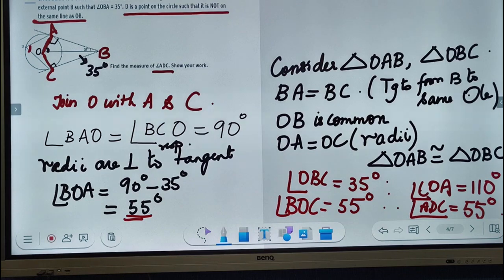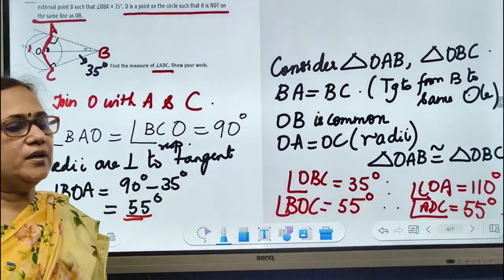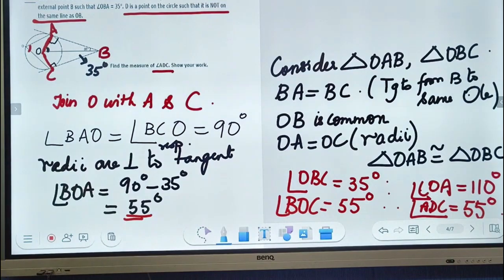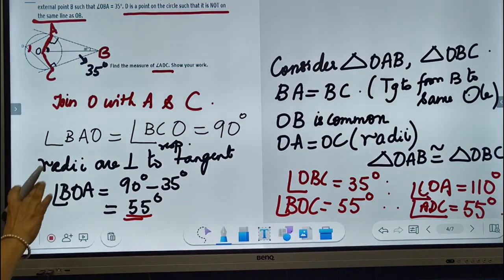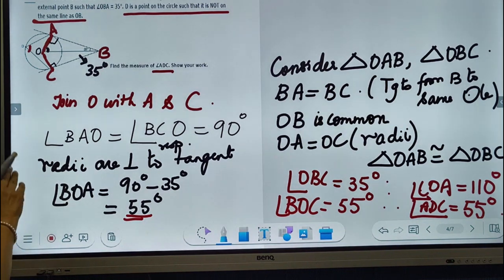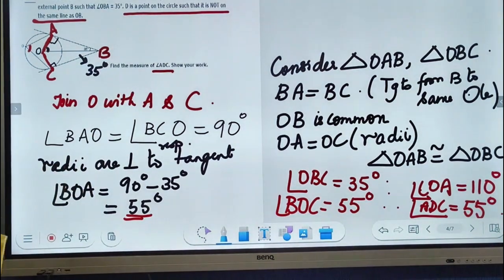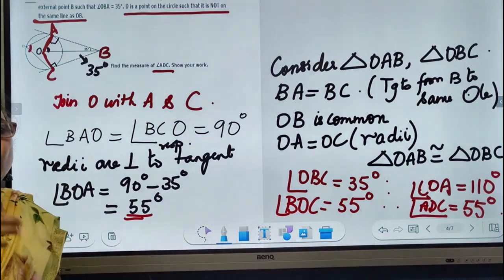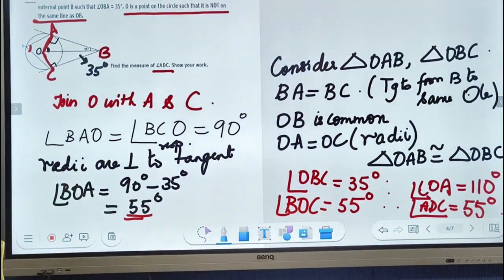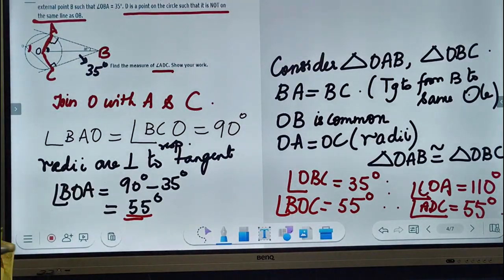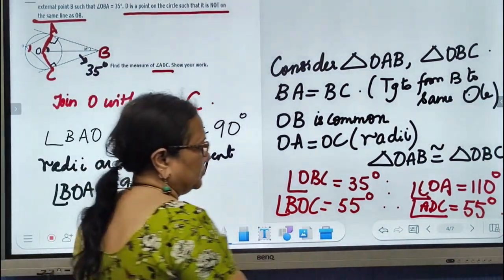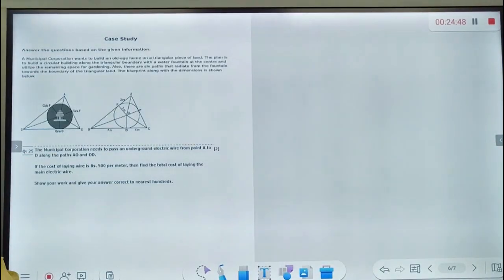Therefore, it will subtend half of it at any other point, which is 55 degrees. So, is it clear? We have used our familiar results from geometry to find the unknown angles. Whenever we are asked to find the measure of a particular angle, we bring into play all the geometrical results that we know and use them to find the unknown.